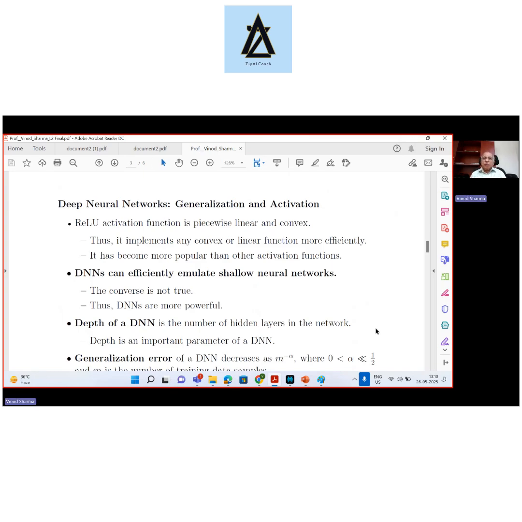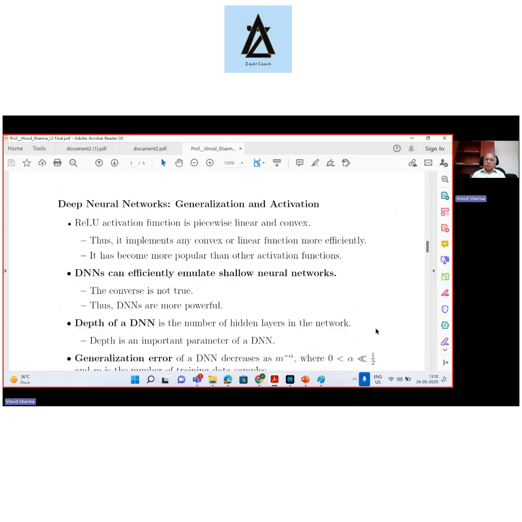Another thing is, even though we mentioned that even shallow networks are universal approximators, it has been found that deep neural networks are more efficient than the shallow neural networks in approximation of these functions. For one thing, deep neural networks can emulate a shallow neural network efficiently. Therefore, any function that can be implemented by a shallow network can also be efficiently implemented by deep neural networks.